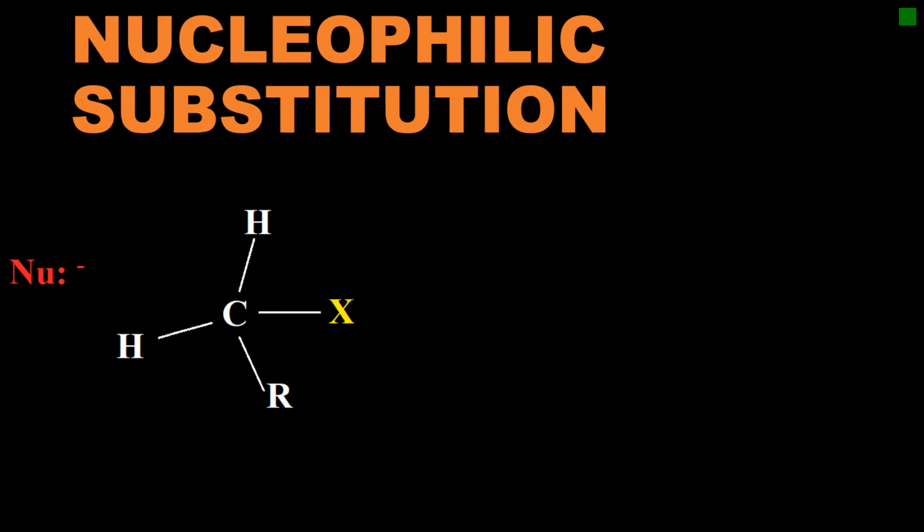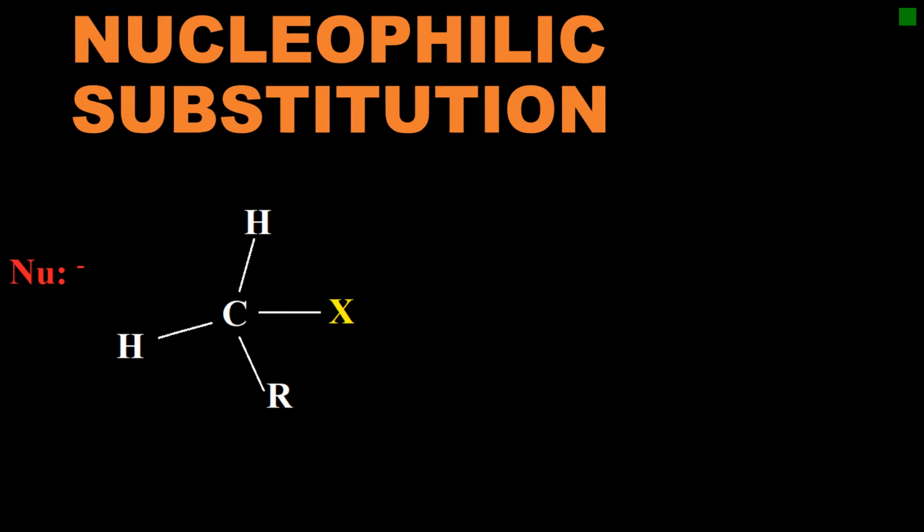The halogen is more electronegative than carbon. Because of that, the halogen is withdrawing electrons from carbon and acquires a negative charge, while carbon is acquiring a partial positive charge.